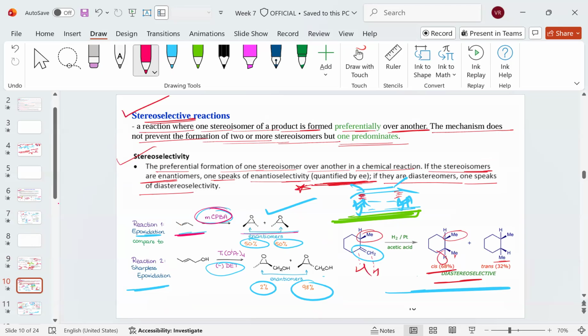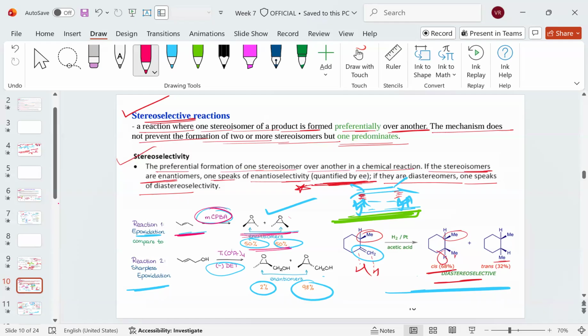When we get a 50-50 amount, those will be enantiomers of each other, so this is the racemic mixture we are getting.